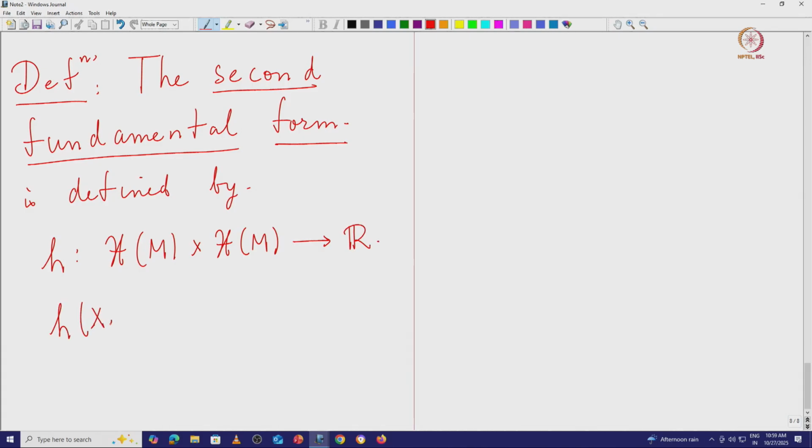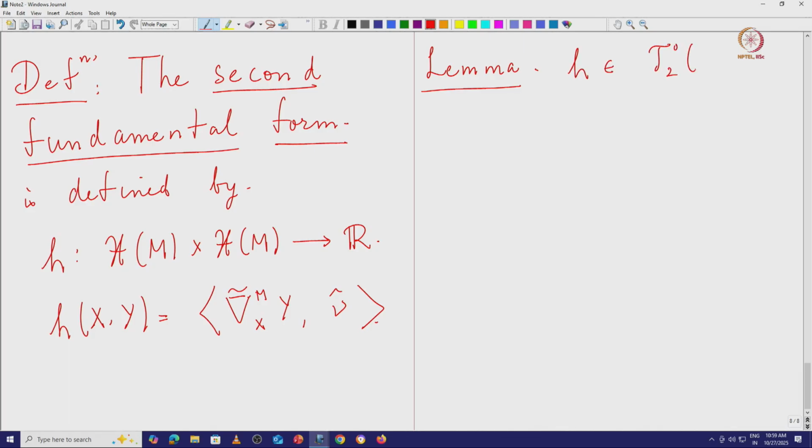So, h of x comma y is simply the normal component of this. So, you take this newly defined operator, you take the component along this unit normal vector, okay. So, then a lemma that one needs to show is that h is in fact a 0,2 tensor on M and is symmetric.